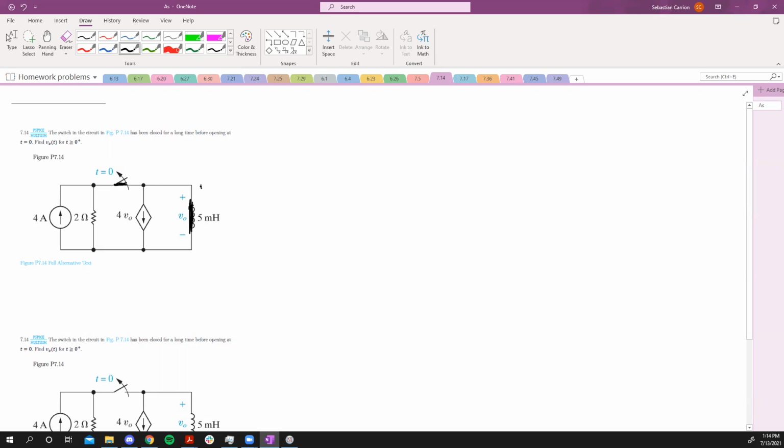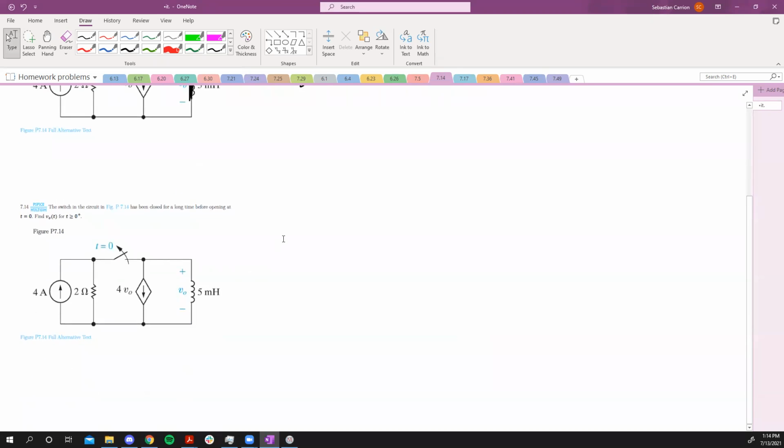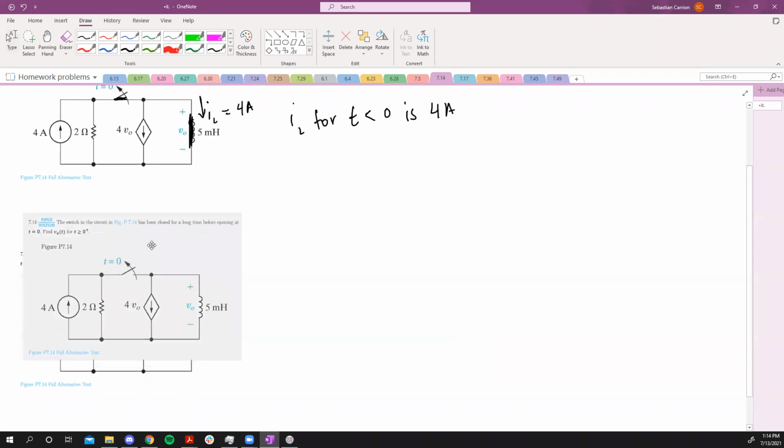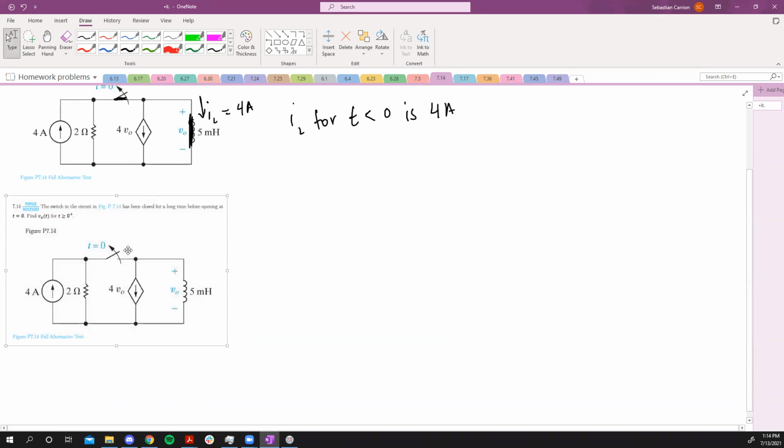So let me call the current here IL, 4 amps. So IL for t less than 0 is 4 amps, right?